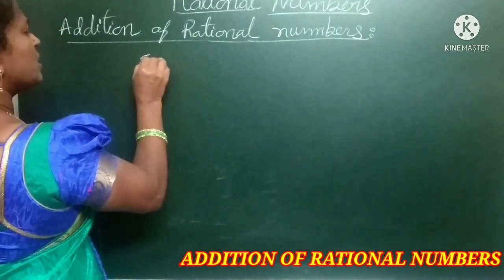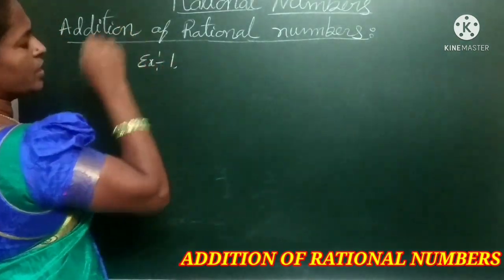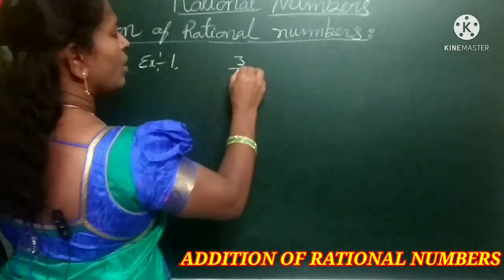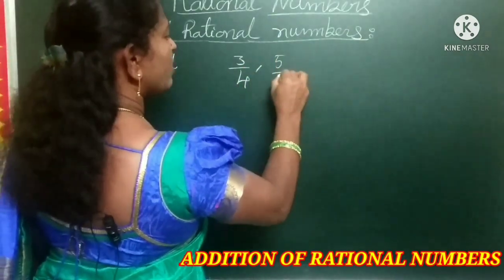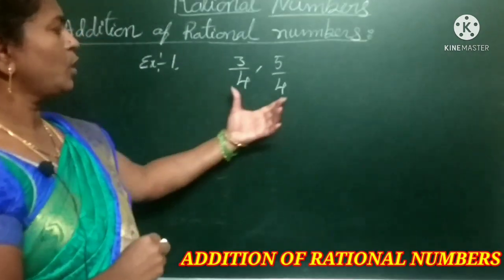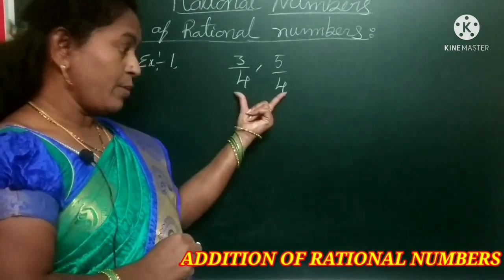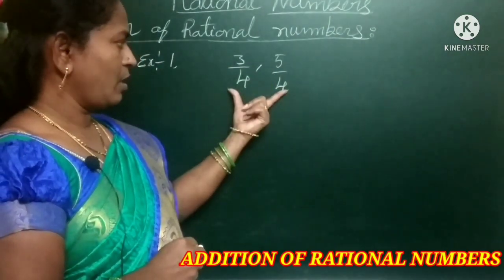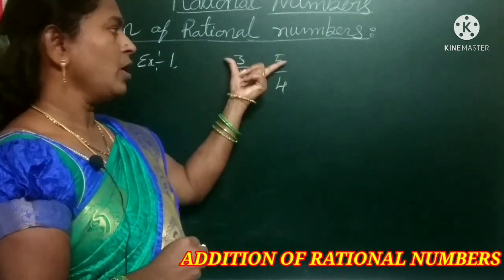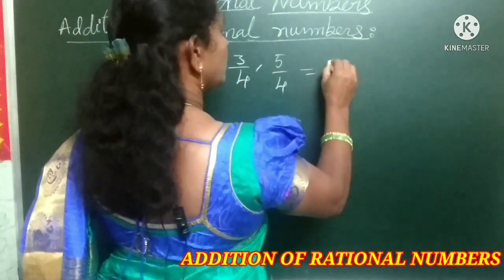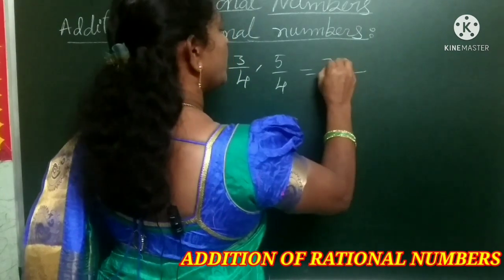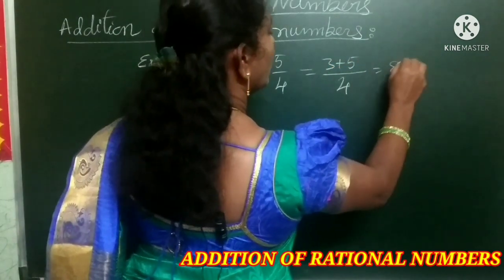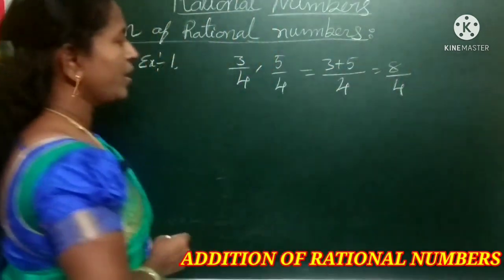First, for example, in the first case, 3 by 4 and 5 by 4. Observe here, these two rational numbers have the same denominator. Yes or no? Same denominator means directly add their numerators. Here 3 plus 5 equal to 8 by 4. Right?